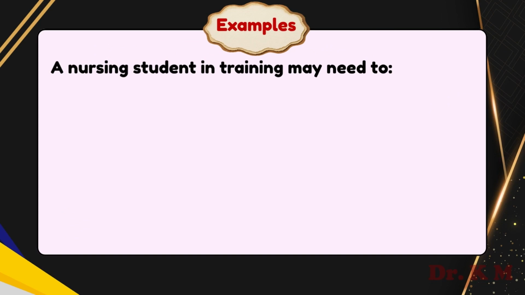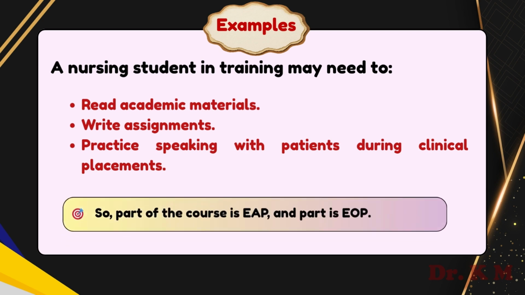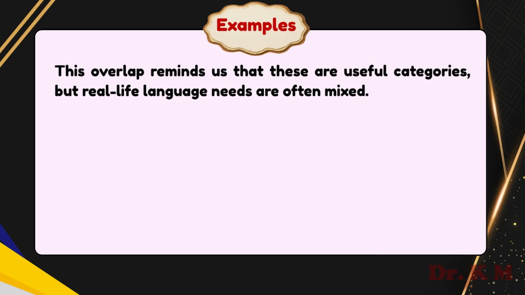For example, a nursing student in training may need to read academic materials, write assignments, and also practice speaking with patients during clinical placements. So, part of the course is EAP, and part is EOP. This overlap reminds us that these are useful categories, but real-life language needs are often mixed.